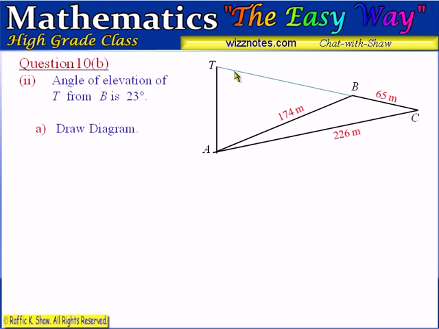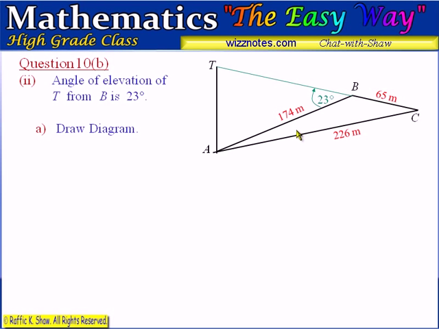And this line represents a line of sight when looking upwards. Remember, this line to the base of the tower represents the horizontal, and so we have to elevate the line of sight above the horizontal to form the angle of elevation here, and therefore that is the angle of elevation from B to T, the angle above the horizontal looking upwards to T.